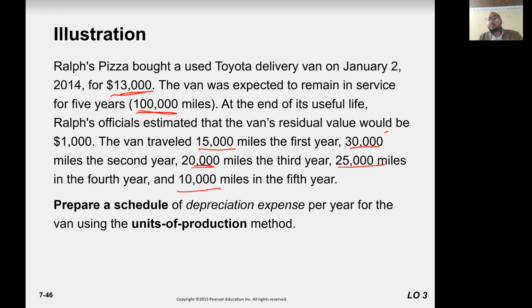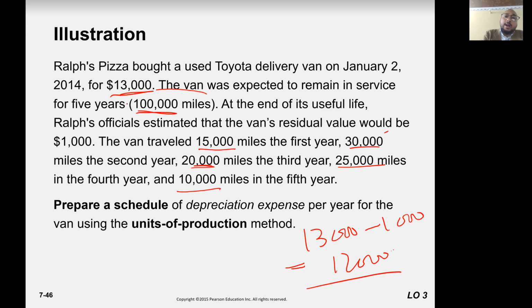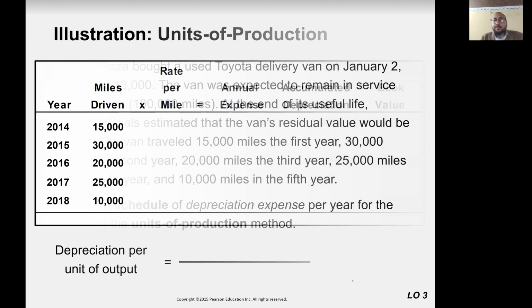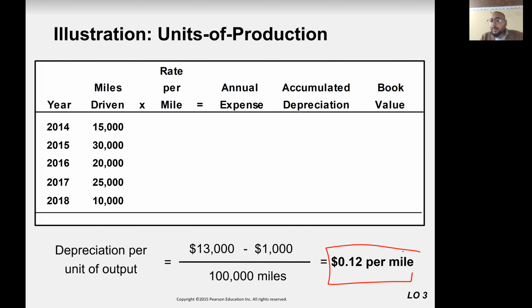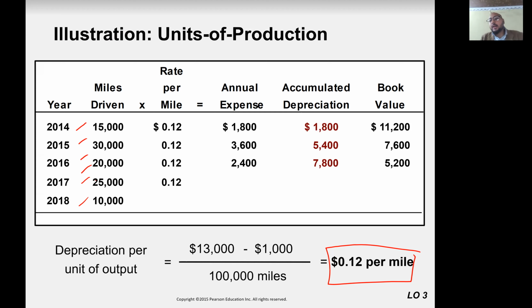So we find the depreciable amount, the cost minus salvage value, and divide by the total life in number of units. The answer is 0.12 per mile. So you write down the miles driven every year, multiply, and at the end you will get the salvage value.